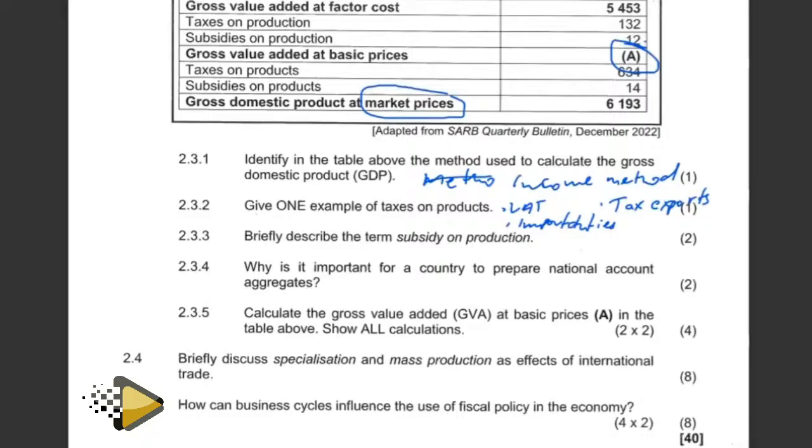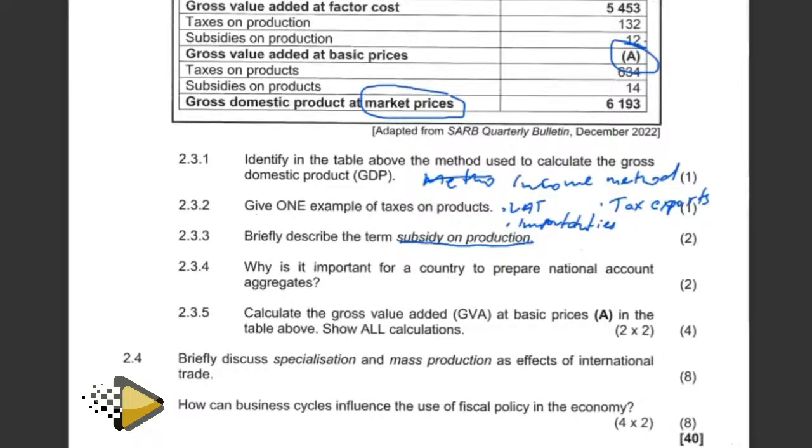Okay, right. So now moving on to the next question, 2.3.3 reads as follows. Briefly describe the term subsidy on production. So the moment we talk of the subsidy on production, this is nothing but the subsidies that are not linked to specific goods or service.